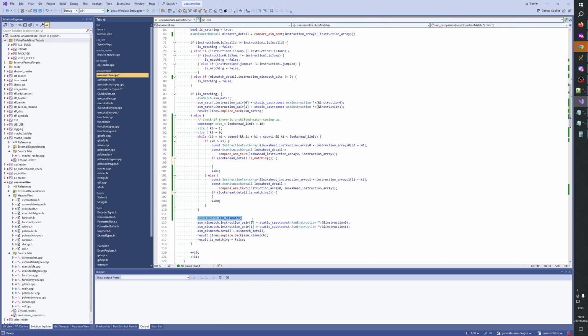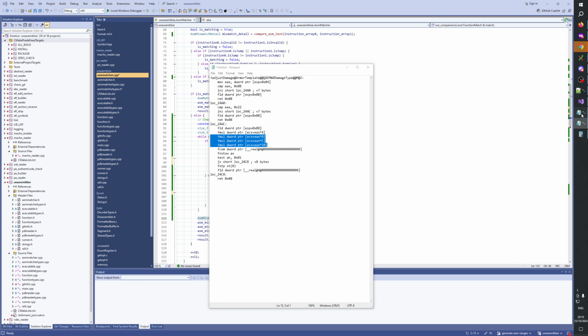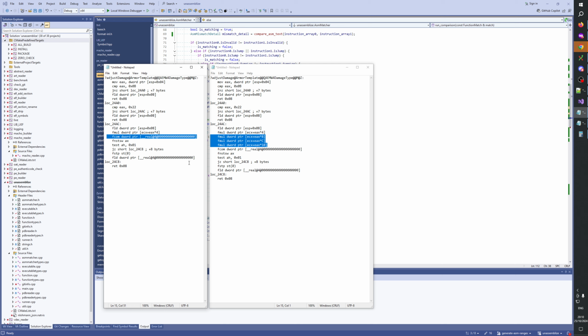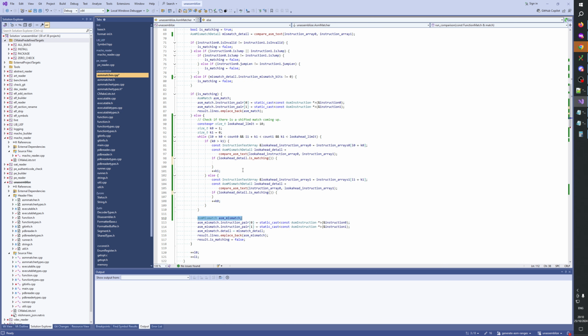Okay, so let's look at our example once more. So we go forward and we hit that thing. 1, 2, 3. Good. So basically here we know the 3 from one of these.